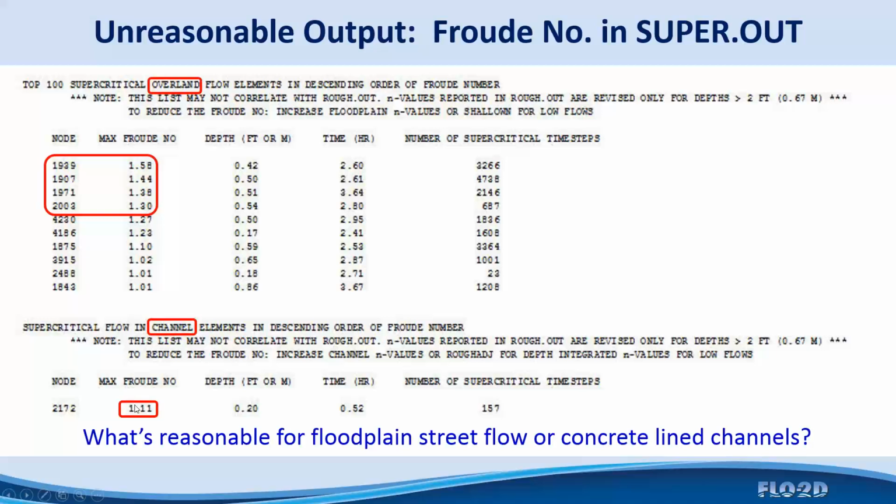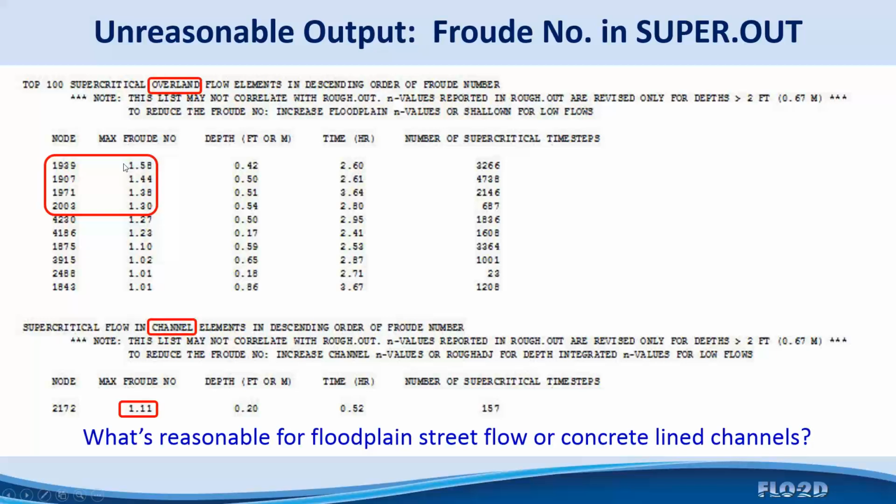But in a channel, a Froude number of 1.11 for supercritical flow with this grid element. If the channel in this reach is concrete lined or something, this may be okay. If it's not concrete lined, and it's a river channel, and you have an alluvial bed, this is probably an unreasonable result.